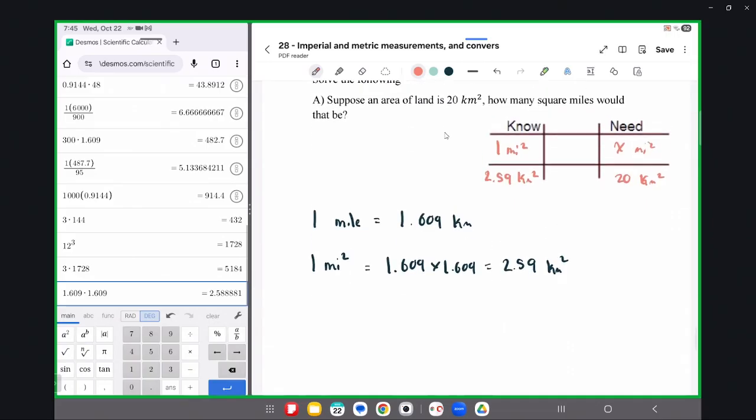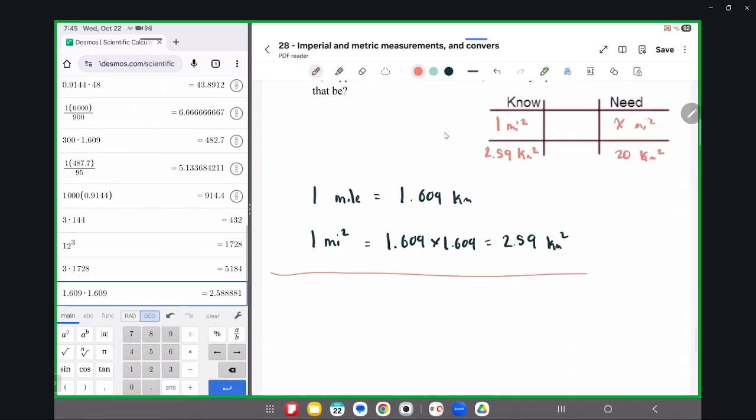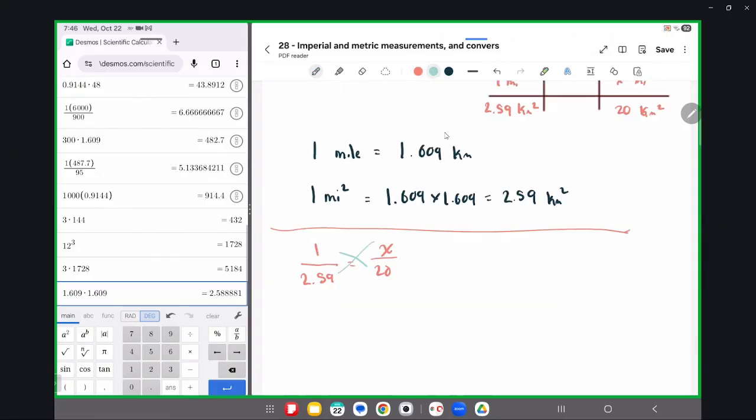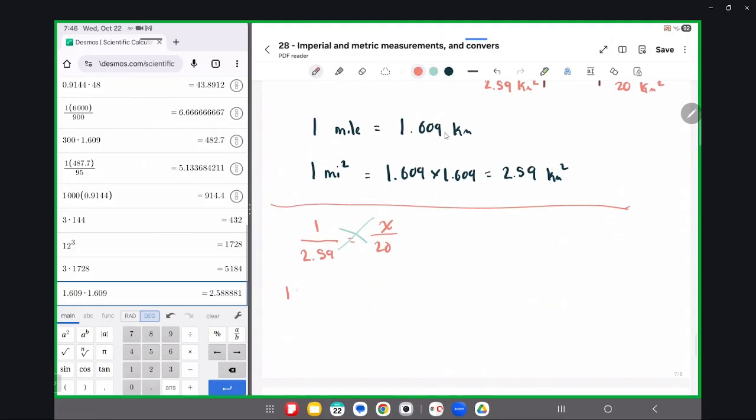So solving using our ratio now, we're going to have 1 over 2.59 is equal to x over 20. Using the means and the extremes, we're going to solve 1 multiplied by 20 is equal to 2.59 multiplied by x.